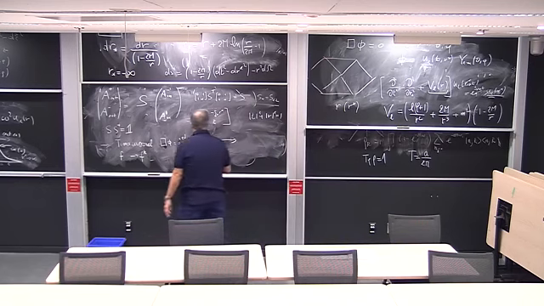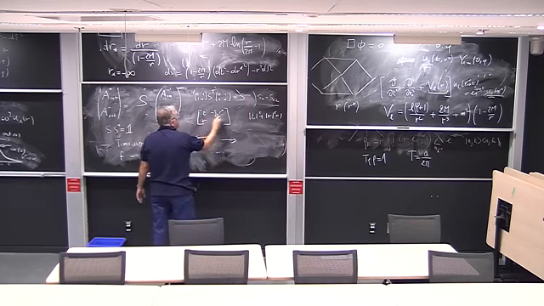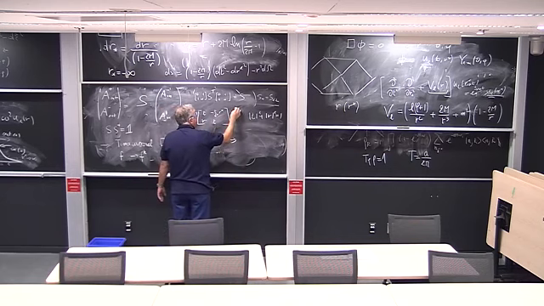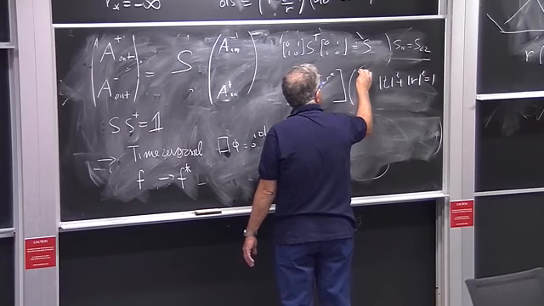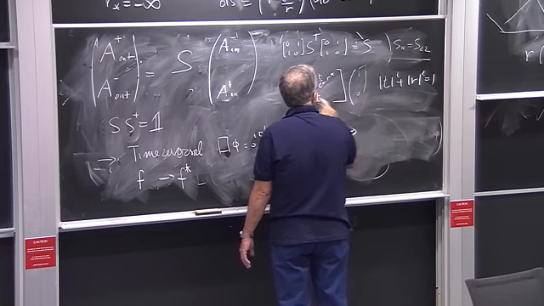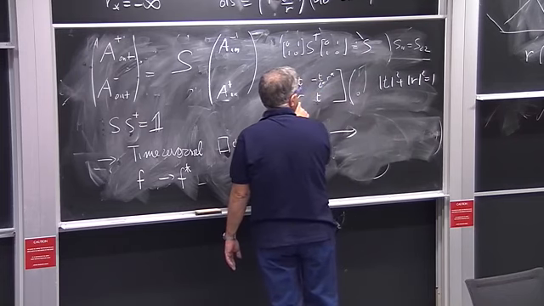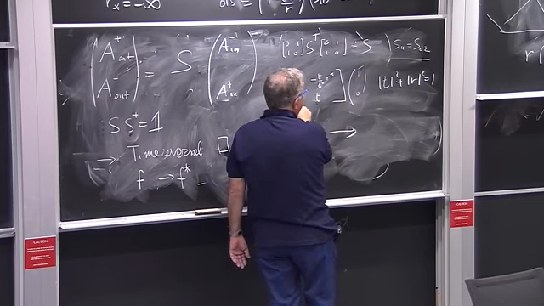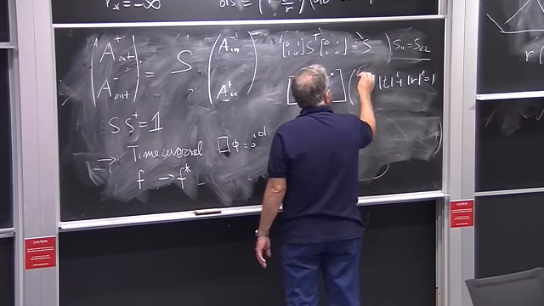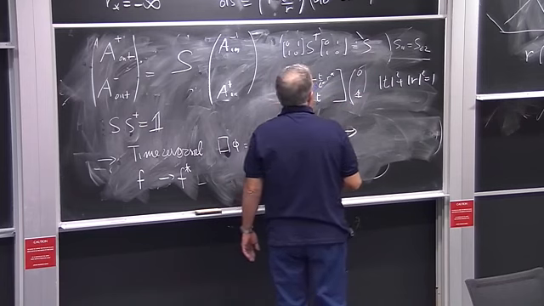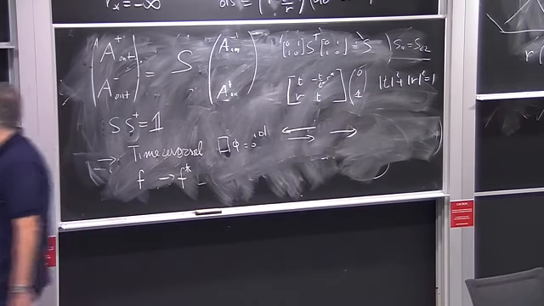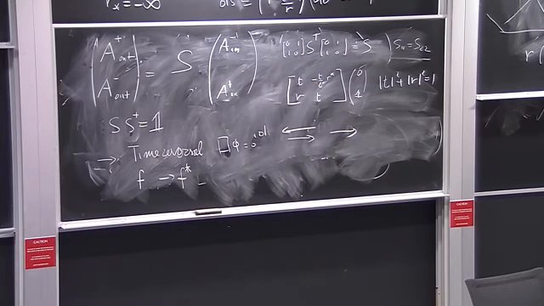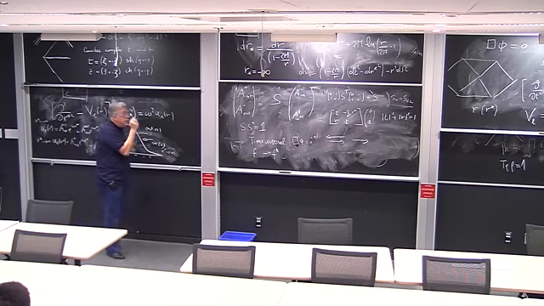So you see that if you have an incoming wave that is 1, 0, you get T and R as transmission and reflection coefficients. If you have an incoming wave which is 0, 1, it means that the incoming wave is not this way, but is this way.